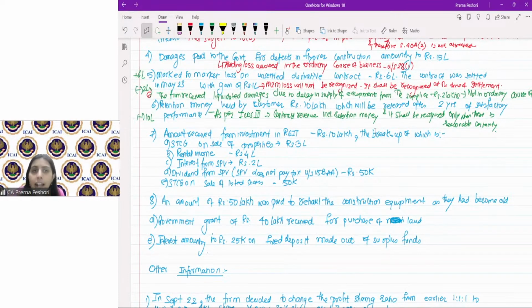So this 3 lakh, which is STCG, will be considered as the capital gain for me. But since this is exempt under 10(23FD), this will not be taxed. So this will get reduced. So minus 3 lakh.